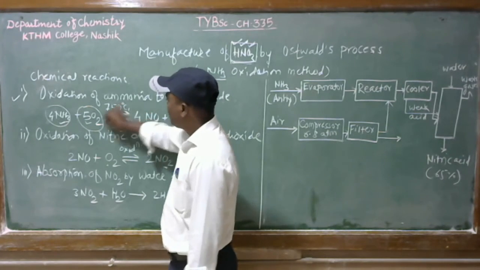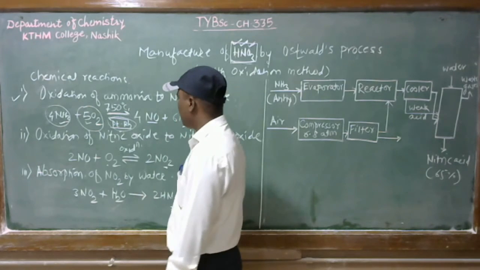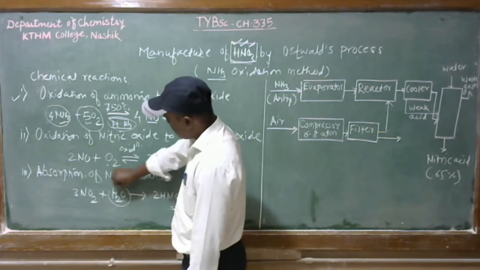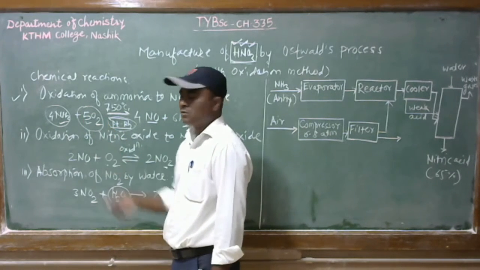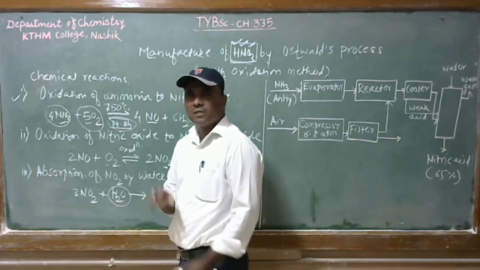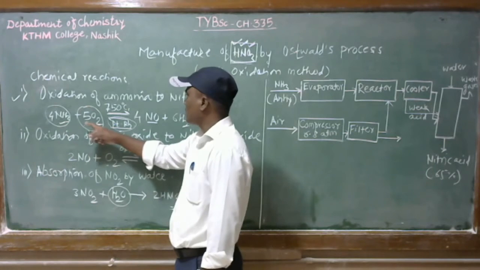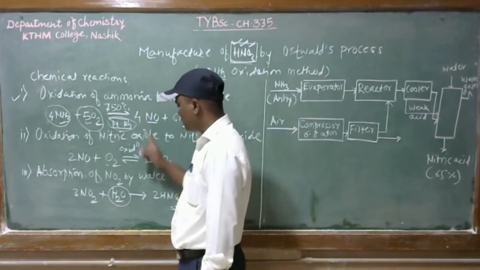Third starting material is the platinum-rhodium gauze catalyst, and water. Already we have considered oxygen here. So four starting materials are needed: ammonia, oxygen, platinum-rhodium catalyst and water.